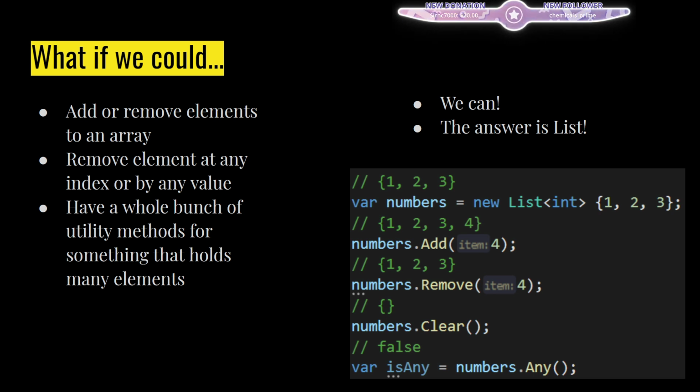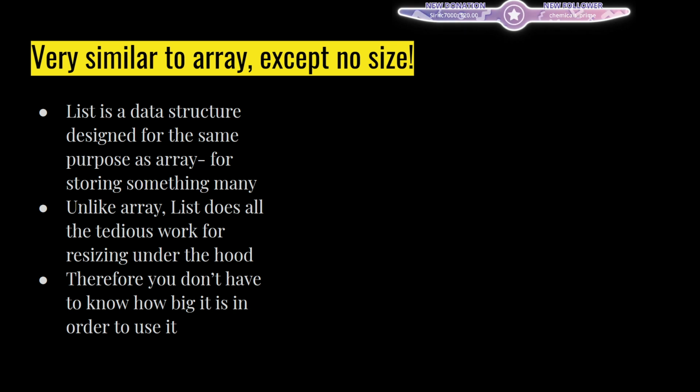In this case, we said that it's a list of integers. So between the angle brackets, we specify what kind of a list it is. So a list is a whole bunch of utility methods for working with collections of elements that we want to add or remove, just to store many.